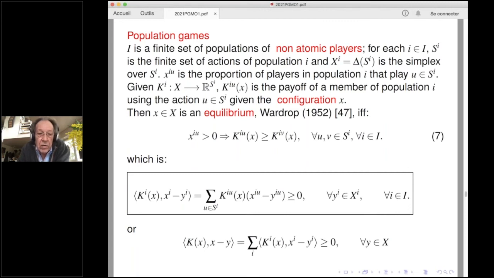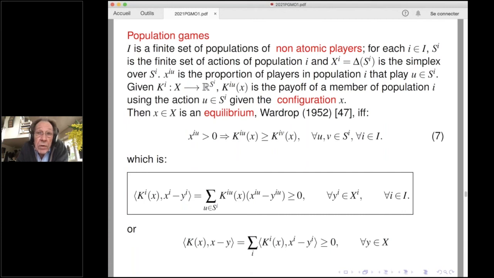So the configuration describes the behavior in the population. To give you an example, you may have a population of foxes and a population of rabbits.